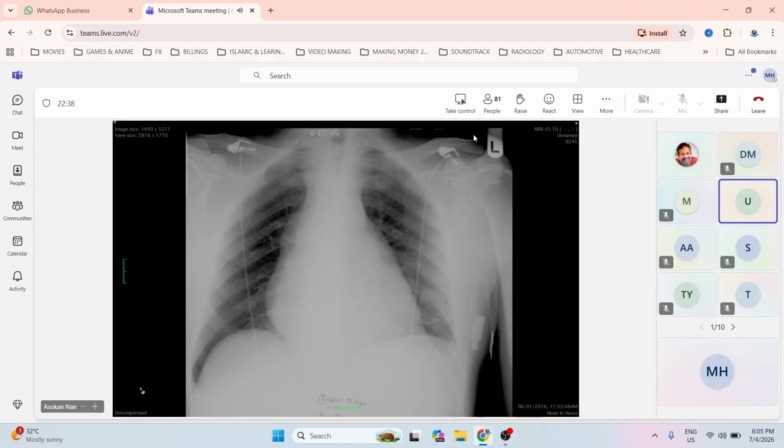The differentials of pericardial effusion include valvular heart disease such as mitral stenosis, cardiomyopathy, congenital such as Ebstein anomaly, as well as congestive cardiac failure. I would like to correlate with the echo findings.